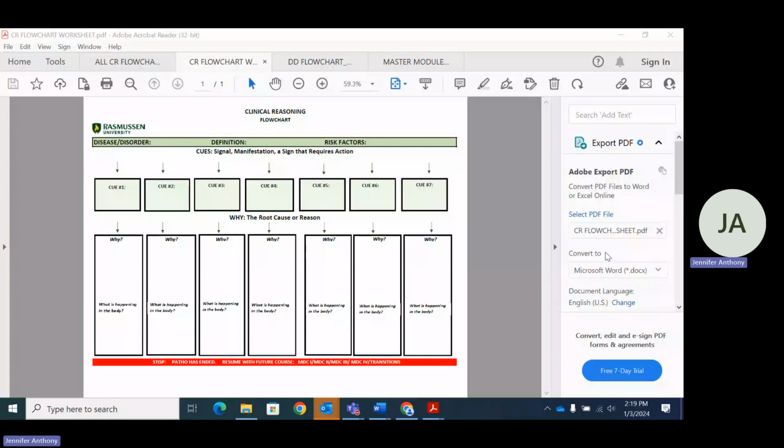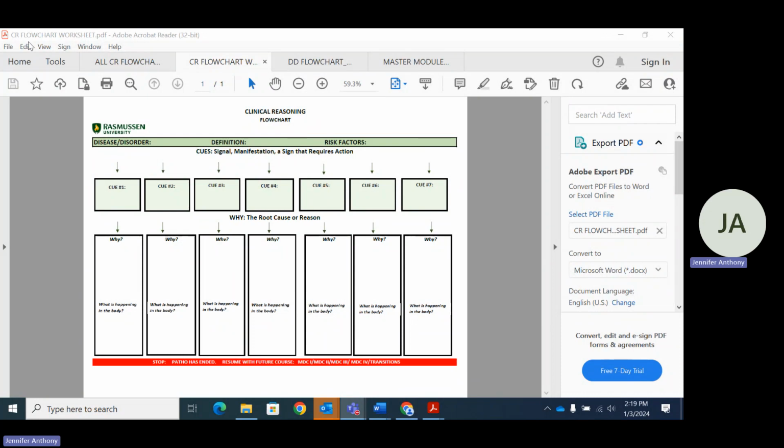The second form is a clinical reasoning form just for patho. So again, this is going to be built upon, but for your course, students can choose to use only this form. It is called the Clinical Reasoning Flowchart.